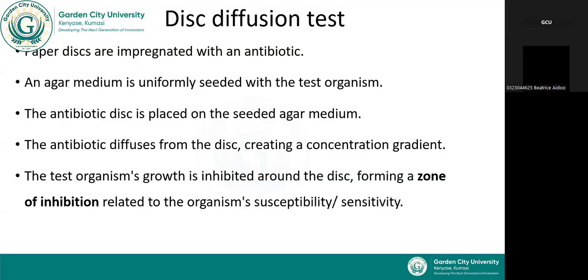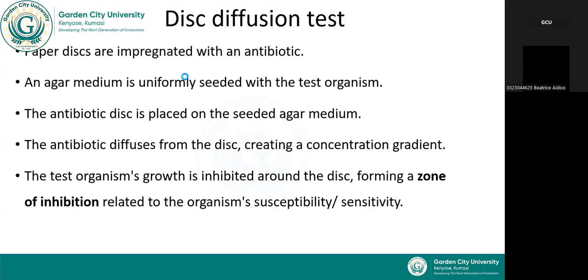Right. When you buy the disc, it already has the antibiotics formulated and incorporated into it. Oh, okay. You buy from the manufacturer or the pharmaceutical company, and they have the disc with the known concentration already. So you just place the disc onto the medium. Okay.